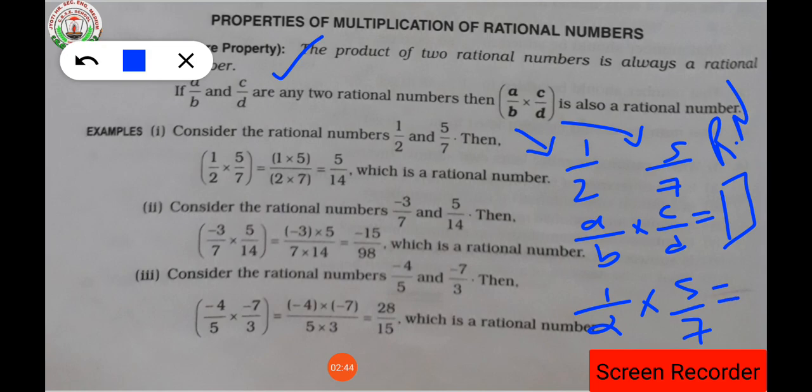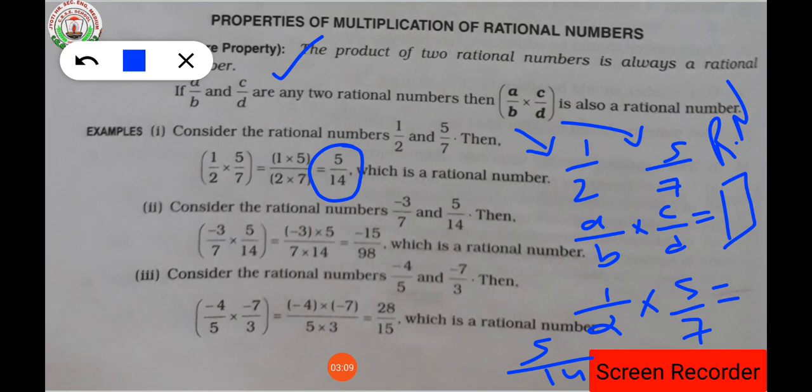1 into 5 will be how much? It will be 5 itself, isn't it? 2 into 7 will be how much? It will be 14. Now you can see whether 5 by 14 is a rational number or not. Both are positive, both are integers, so it satisfies the two conditions of a rational number.